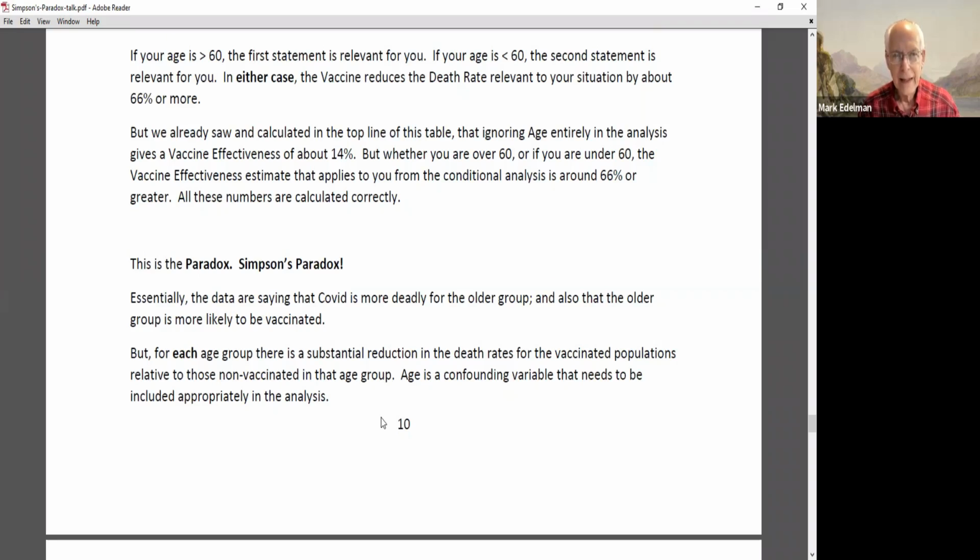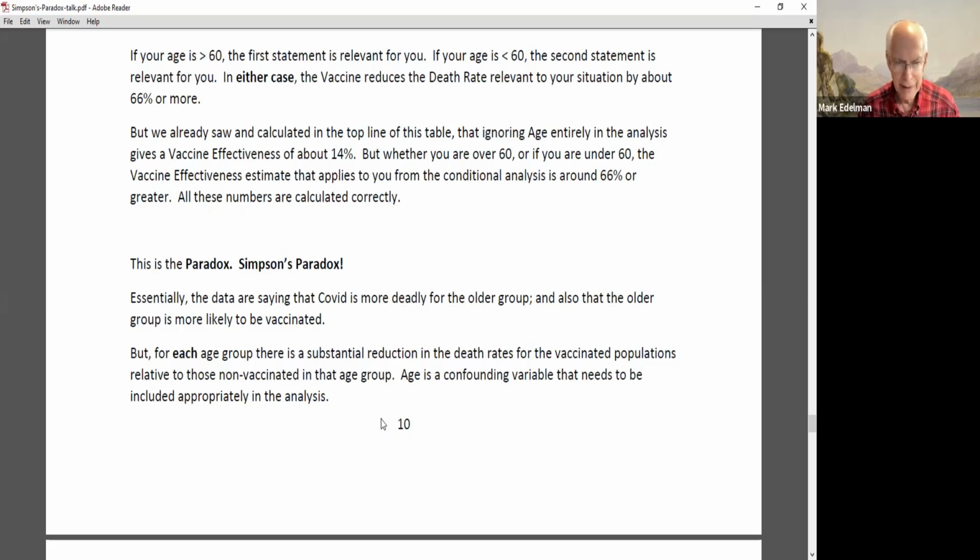I didn't pay a whole lot of attention to it, but my impression is that they had a guy from Israel testifying in Congress, or maybe it was hearings at the CDC, and he was saying how effective the boosters were.